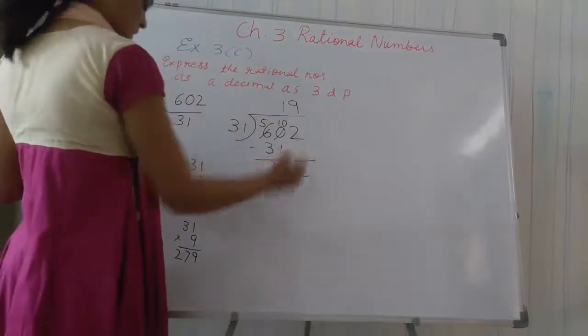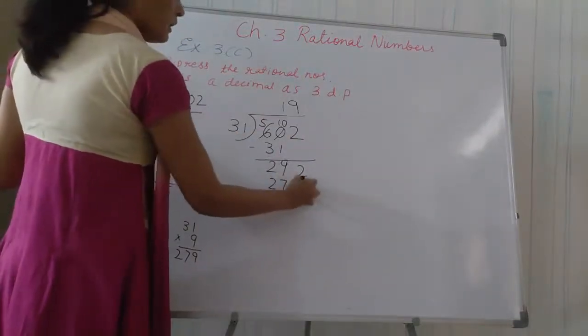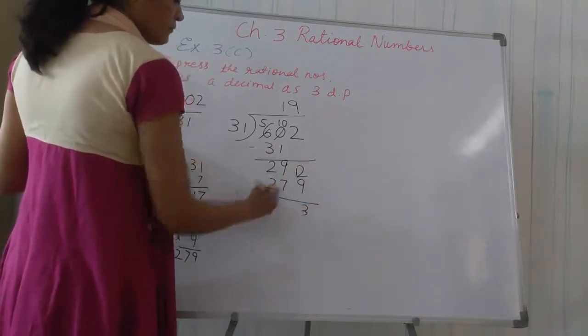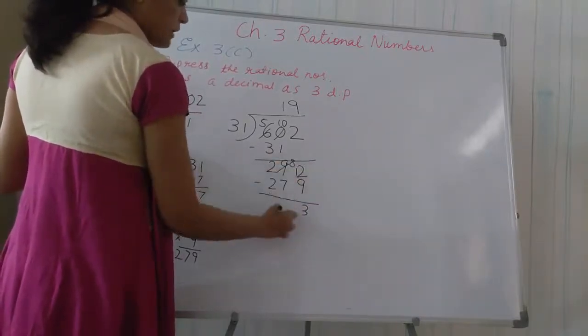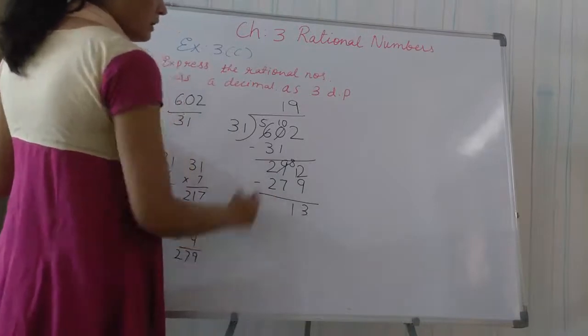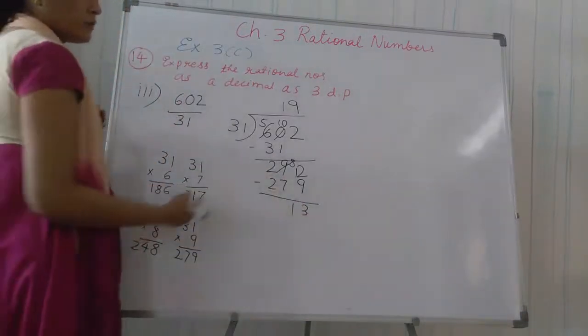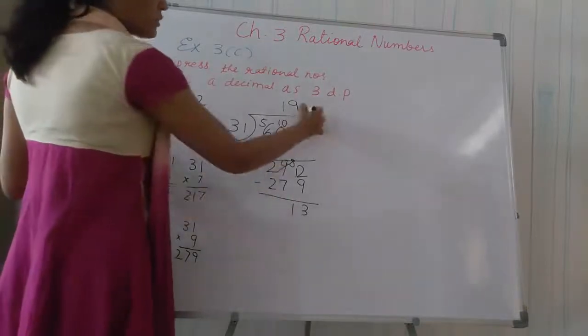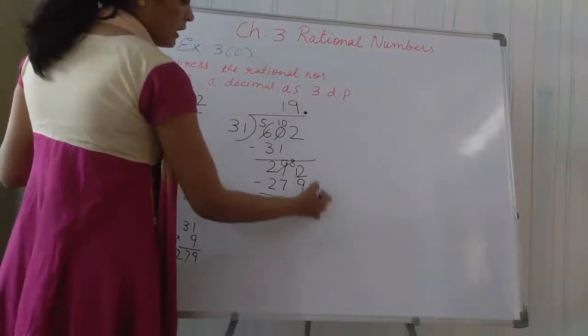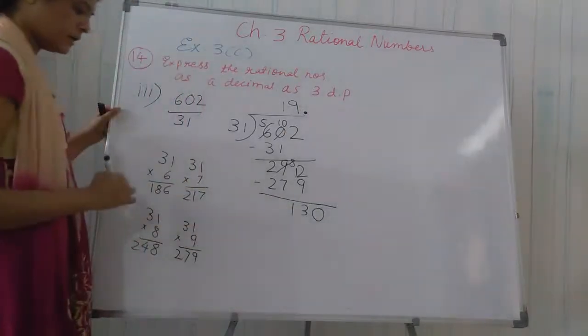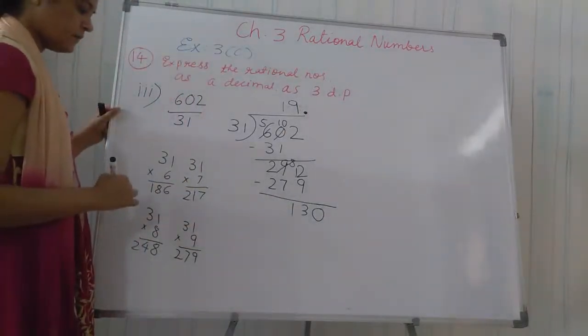You see, so that will go here. 31 nines are 279. Taking subtraction, 12 minus 9 is 3. Here 8, 8 minus 7 is 1. Now you see, it is not possible that 31 from 13 is divisible. So I put here a point, and here we can put 0. So 130, that will come.